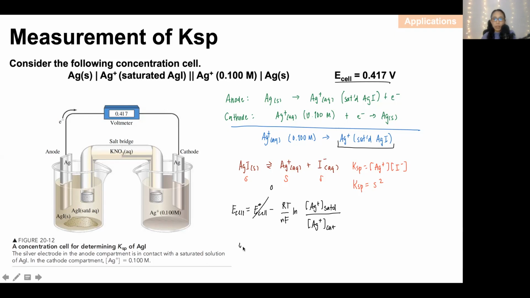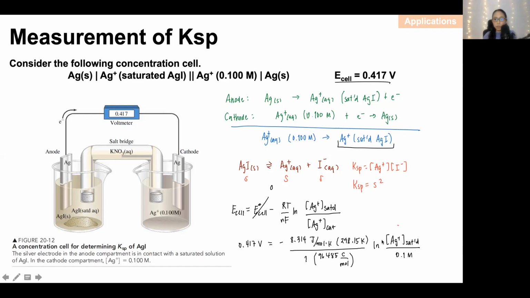Your measured cell potential is 0.417 volt equals negative 8.314 joules per mole per Kelvin times 298.15 Kelvin over 1, electron number is 1, times 96,485 coulomb per mole, times ln of our unknown, the concentration of silver ion in the saturated solution, divided by 0.1 molar.